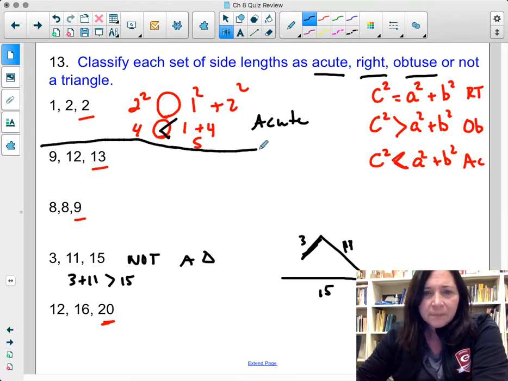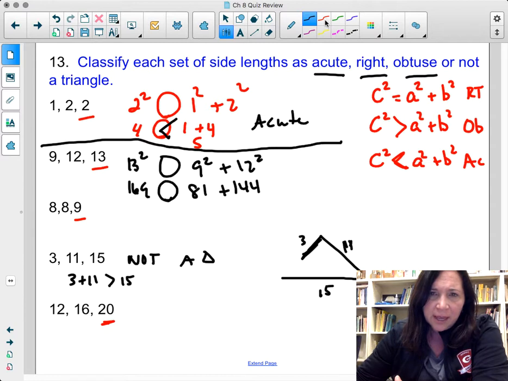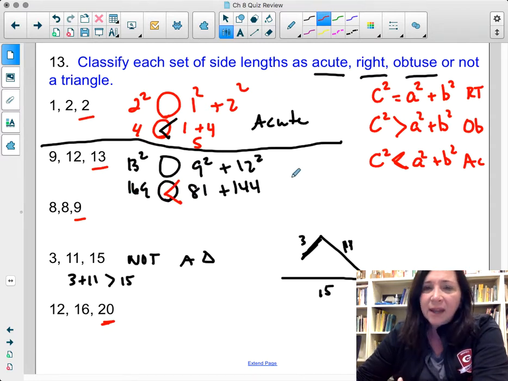Alrighty. Then I have the next sides. I've got 13 squared, that's my c, is what to 9 squared plus 12 squared. So we've got 169 is what to 81 plus 144. 144 plus 81 is a lot bigger. So again, 169 is less than, so that's acute also.